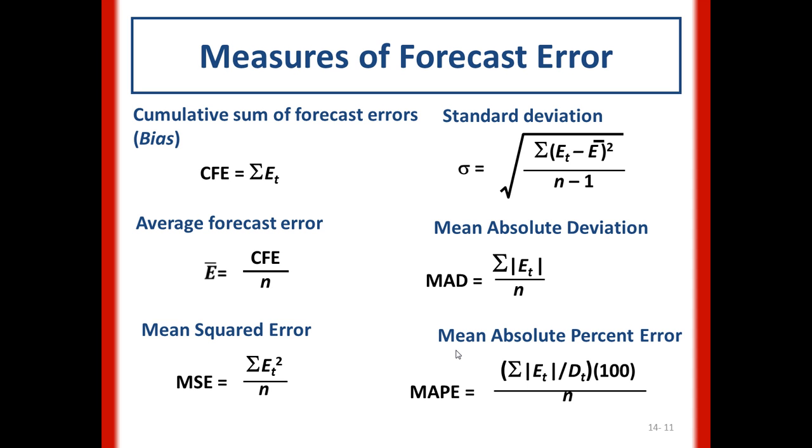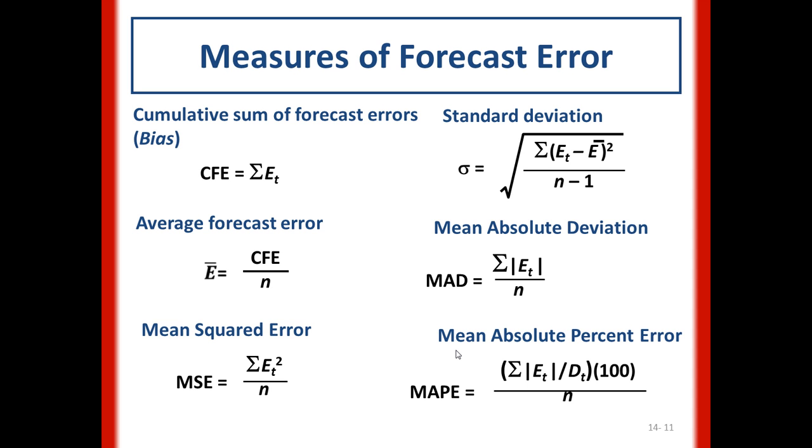First, CFE represents cumulative forecast error, which is the sum of forecast error, ET. Average forecast error is the average of the cumulative forecast error. Mean square error equals the sum of ET square divided by n.